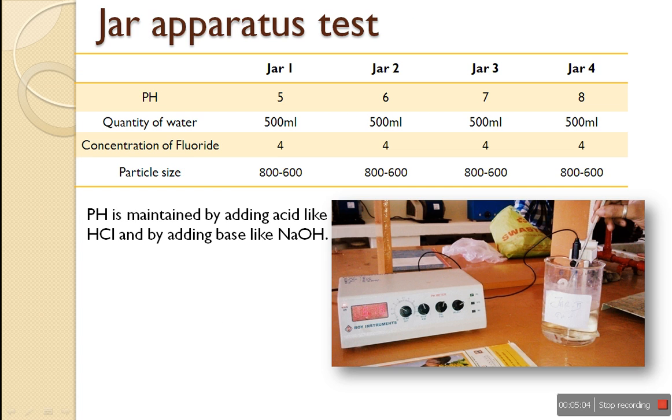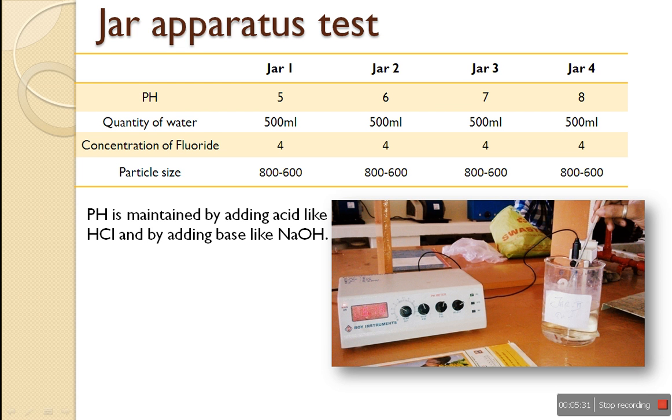The next work done in this project was the batch study, to obtain the optimum pH that favors the removal of fluoride. In this batch study, a jar apparatus test was carried out with 4 different pH values in 4000 ml jars with 25 gram of sawdust.